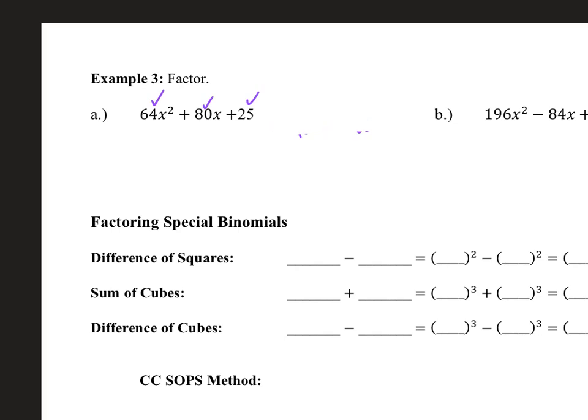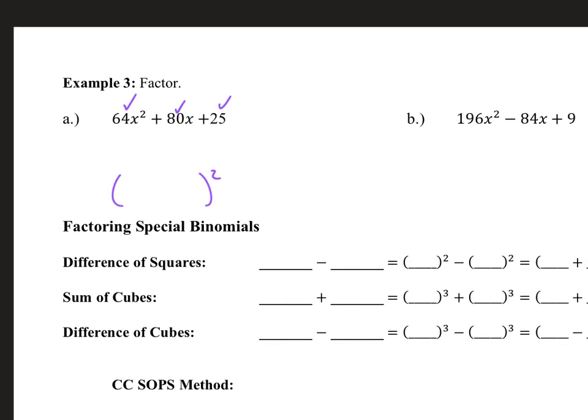And so once I know that, I know the answer is going to look like this. Something squared. And because this first sign is a plus, this will also be a plus. Anytime you do a perfect square trinomial, the second sign will always be positive, because squares are always positive.